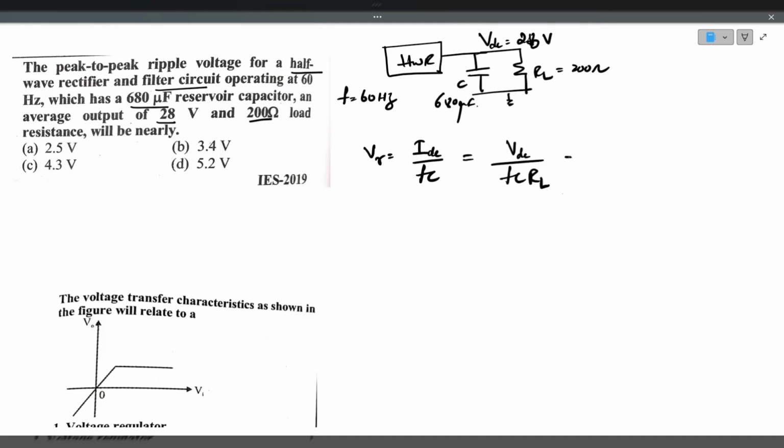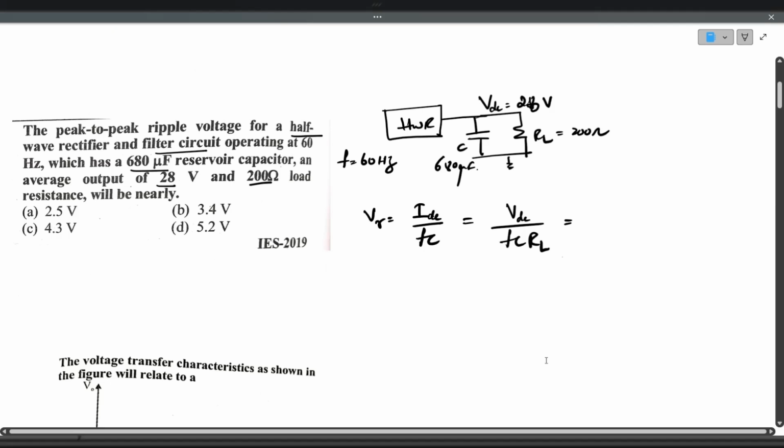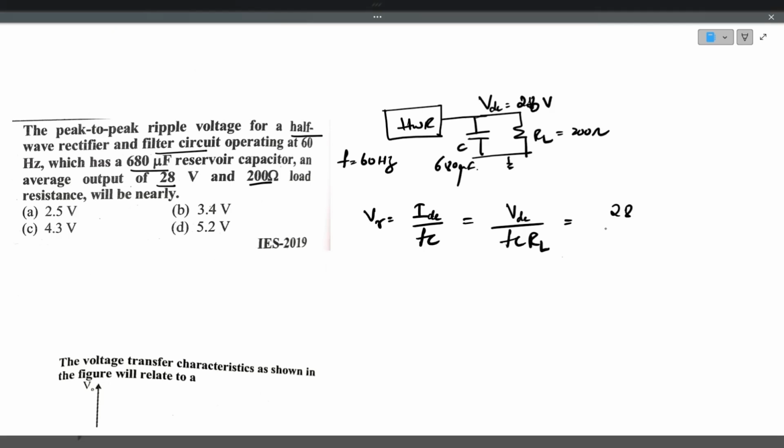Now substituting the values. VDC is 28 volts, frequency is 60 hertz, capacitance is 680 microfarads, and load resistance is 200 ohms. Ripple voltage, if you calculate, will be around 3.43 volts. So the answer is option B.